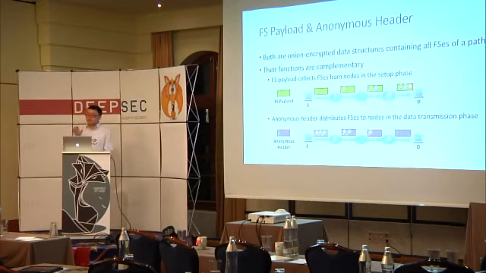Both of these data structures are fully encrypted. Their task is to contain the following segments, and their functions are complementary. Remember, the source will need to collect the following segments in the setup phase. That is done by the FS payload. And in the transmission phase, each data packet will contain the state for each node. That is done by the anonymous header.